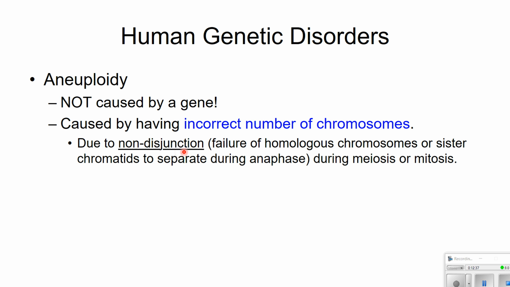We've discussed this before. This is something that typically goes awry. It's a mishap that occurs usually during meiosis, during anaphase 1, when the homologous pairs are supposed to separate.